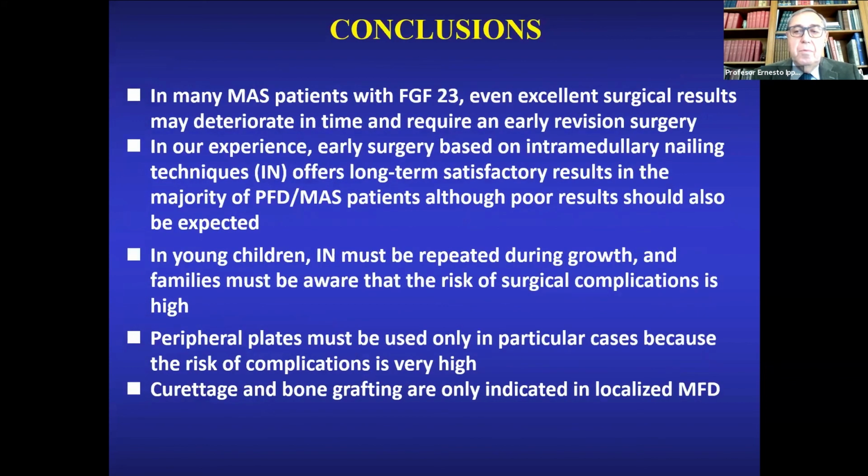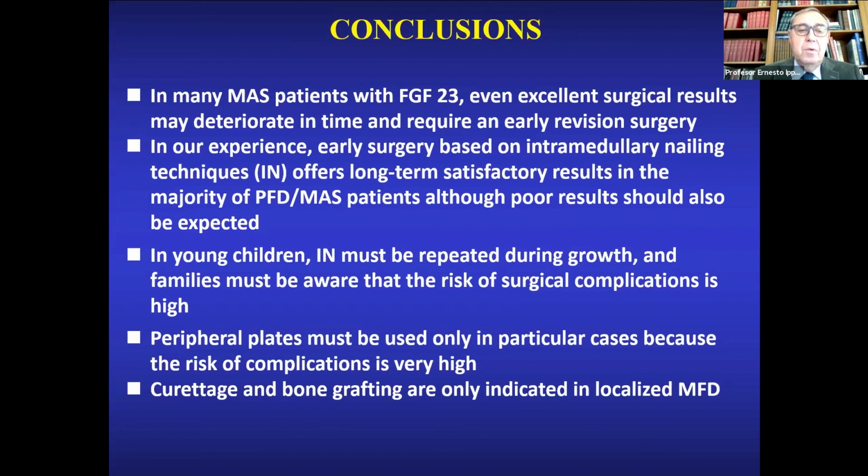In many of those patients, even excellent surgical results may deteriorate in time and require an early revision surgery. In our experience, early surgery based on intramedullary nailing techniques offers long-term satisfactory results in the majority of PFD-MIS patients, although poor results should also be expected.